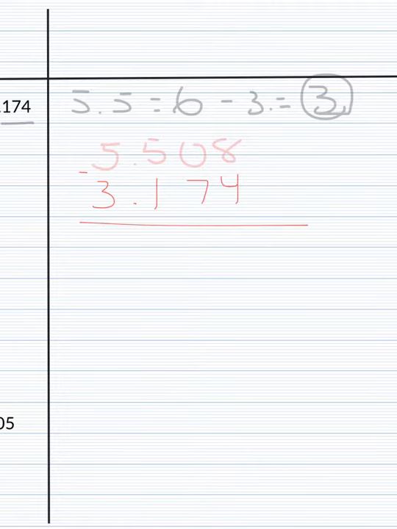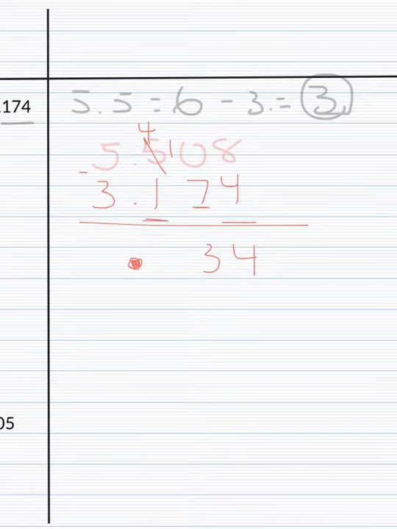Decimal point comes straight down. And then, boys and girls, we just subtract like we would with whole numbers. So 8 minus 4 is 4. I can't take 7 away from 0, so I look next door and I borrow. 5 would become 4. I dump that there. Now 0 becomes 10.